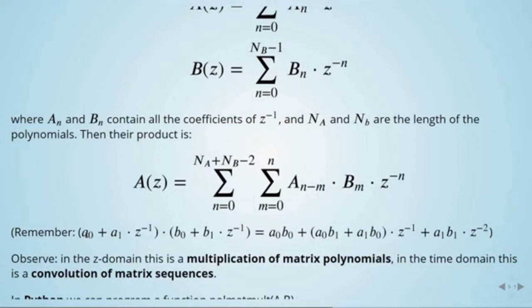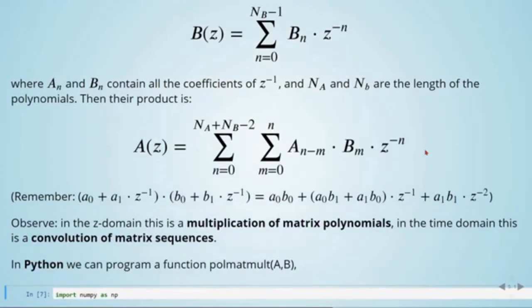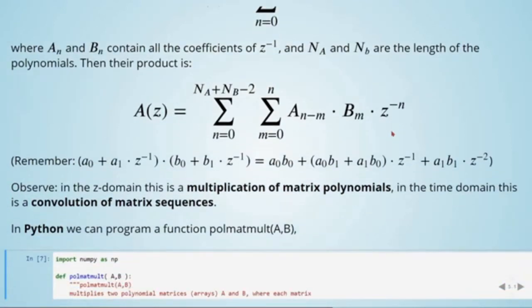Remember that (a0 plus a1 z to the power of -1) times (b0 plus b1 z to the power of -1) is given by a0 b0 plus (a0 b1 plus a1 b0) times z to the power of -1 plus a1 b1 times z to the power of -2. Observe that in the z domain, this is a multiplication of matrix polynomials. In the time domain, this is a convolution of matrix sequences.